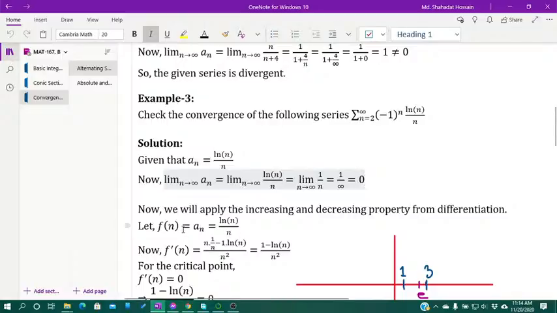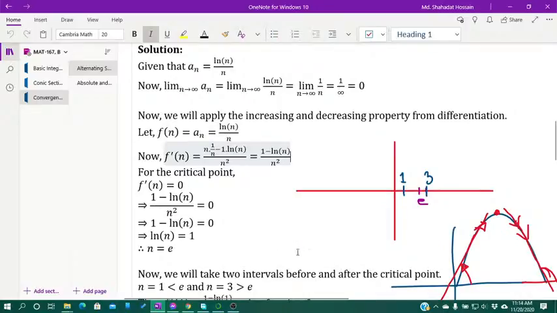So consider f of n equals ln n by n. So f prime of n equals this function, and this would be obtained.